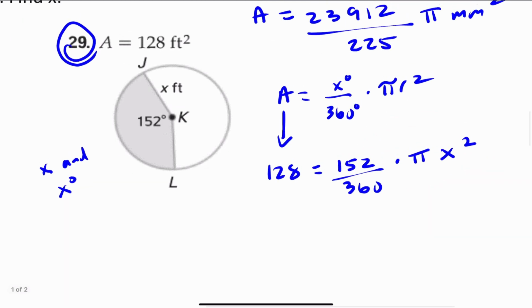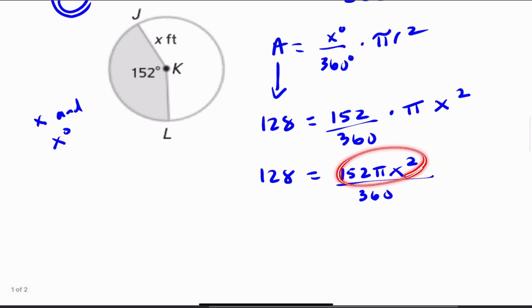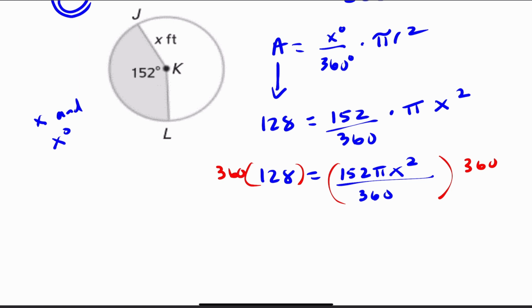So I have 128 is equal to 152 times pi times x squared, 152 pi x squared all over 360. And I'm going to get this by itself. So to do that, I got to multiply both sides of the equation by 360. And 360 times 128 is this number.